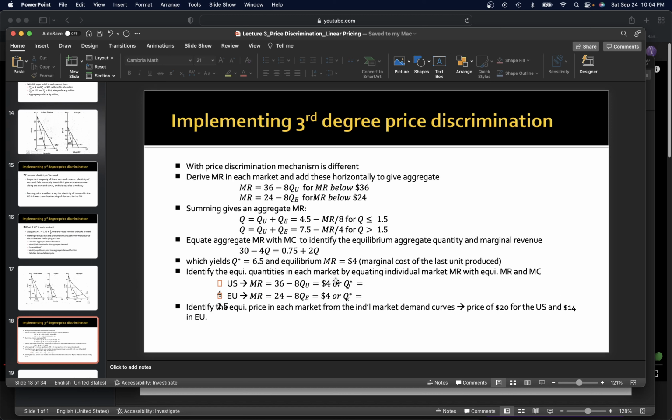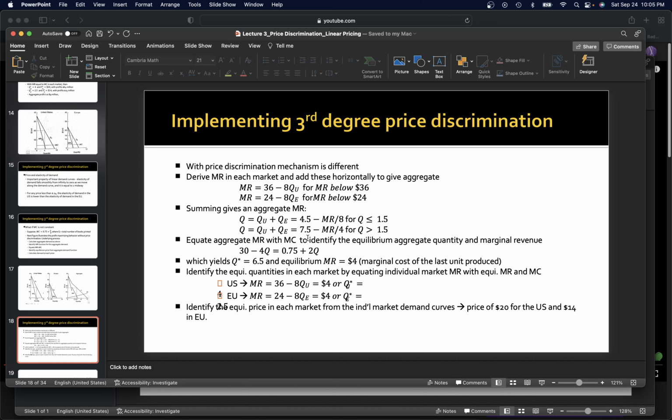So let's talk about implementing price discrimination in this case. So with price discrimination, you have marginal revenue in this case. Summing gives you an aggregate marginal revenue, which will be Q. Okay.